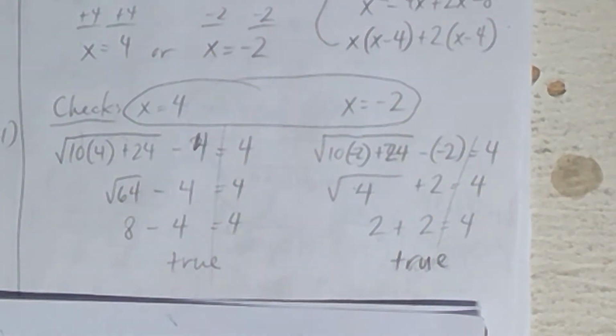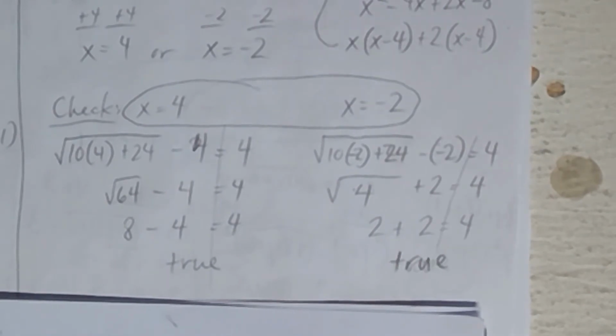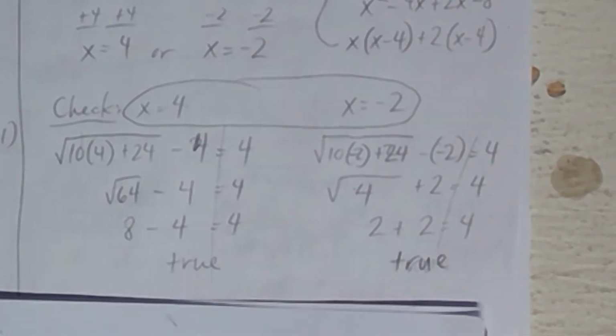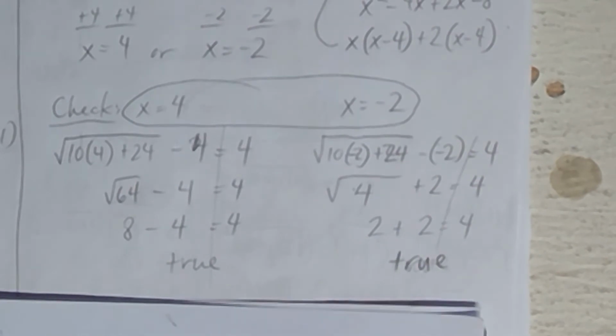So once again, you guys, remember, check your answers when you're solving a radical equation, if the original equation is a radical equation, that is, and also if the original equation is a fraction equation. That's the 2 times when you check your answers: when the original equation is a fraction equation, or if the original equation is a radical equation.